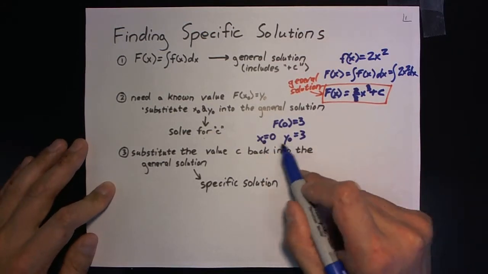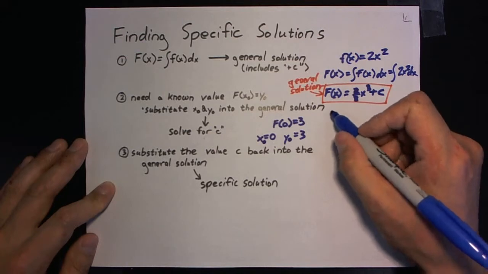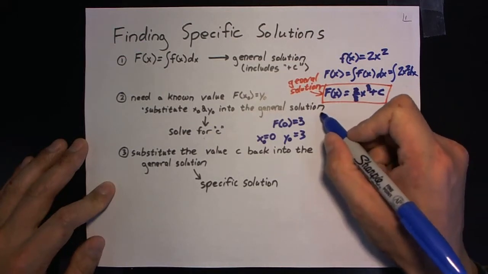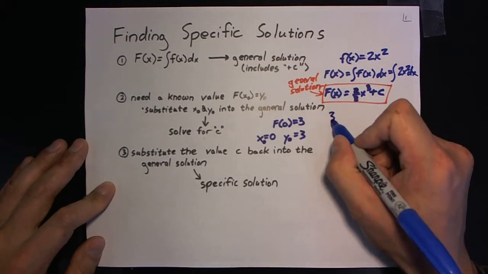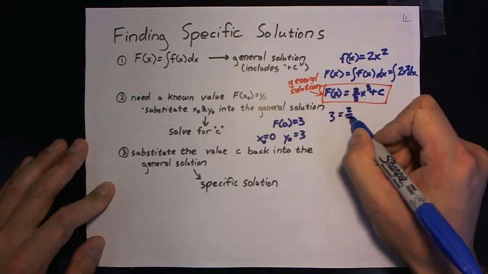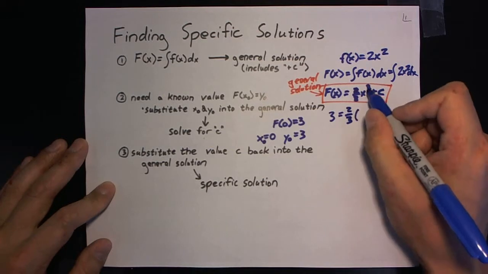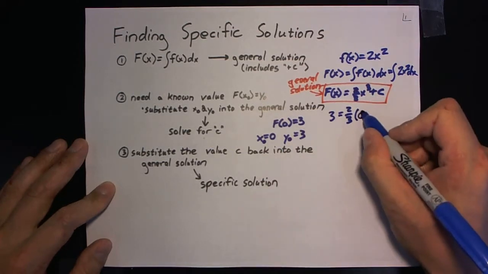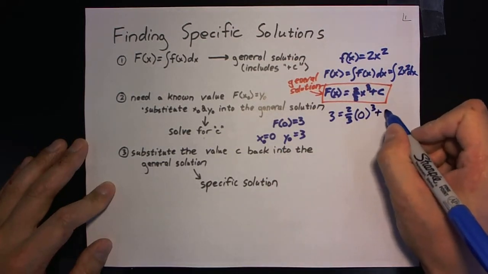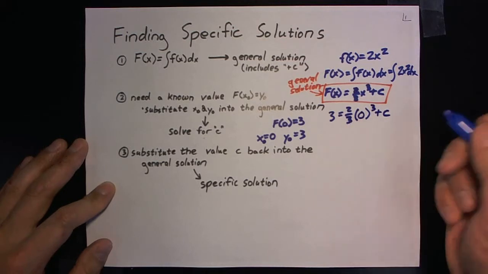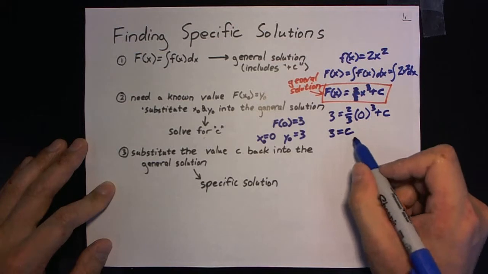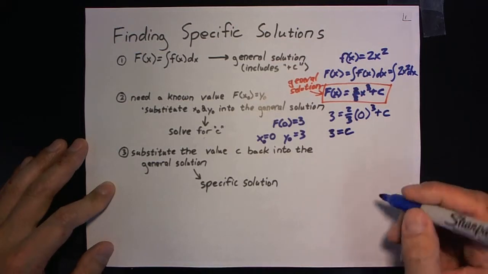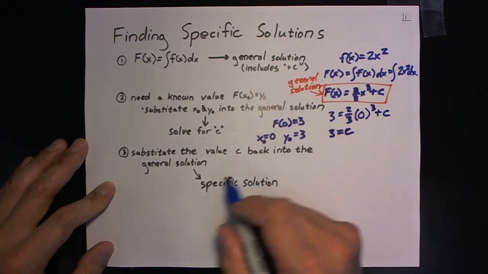So you take these numbers, substitute them back into here, and you say that F of x, which is 3, equals 2/3 times x, which is 0, cubed plus c. All right, well, 0 cubed is 0, and so a little bit of algebra tells you that c is equal to 3.